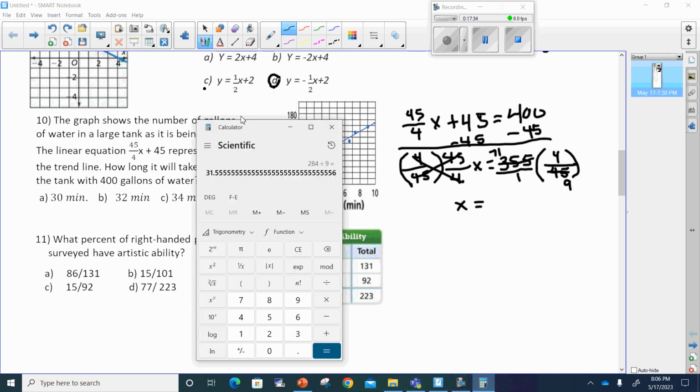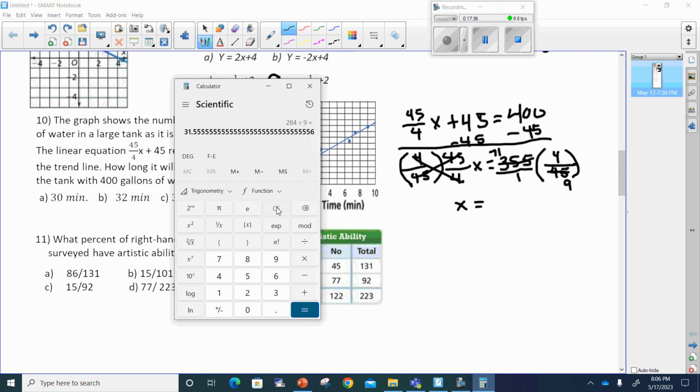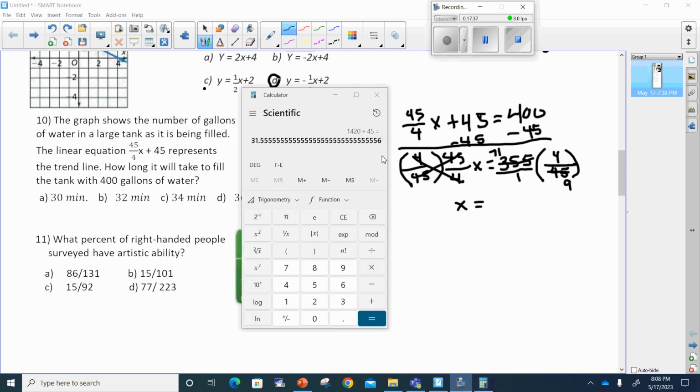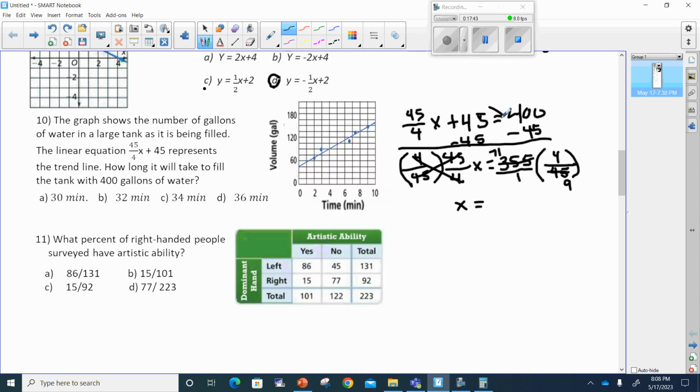Let me double check my work here. Well, first of all, I'm going to change this equal sign to show that this must be greater than or equal to this, right? Because we did say how long will it take to fill it. That means it must at least get to that, or it could be greater.